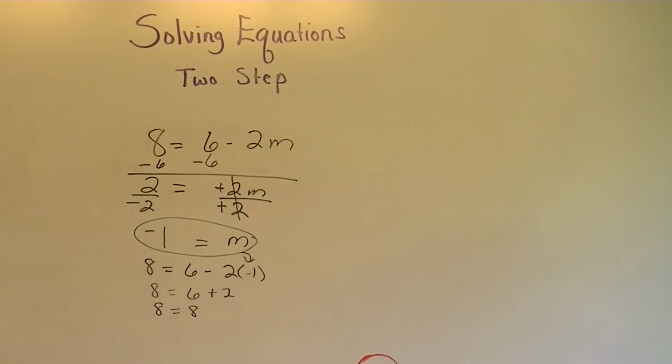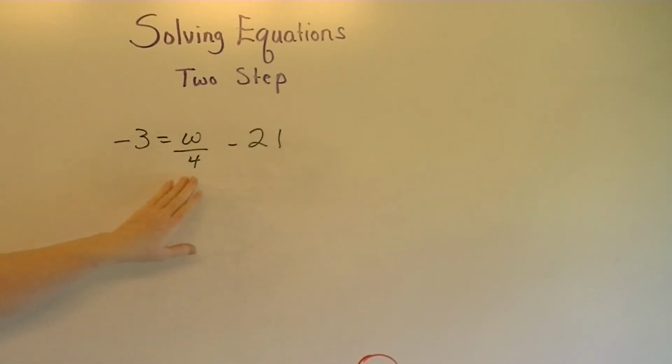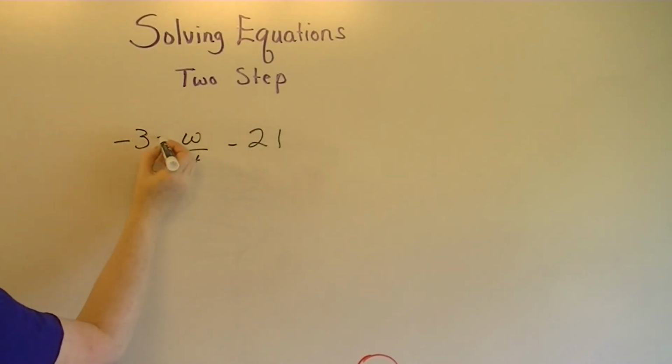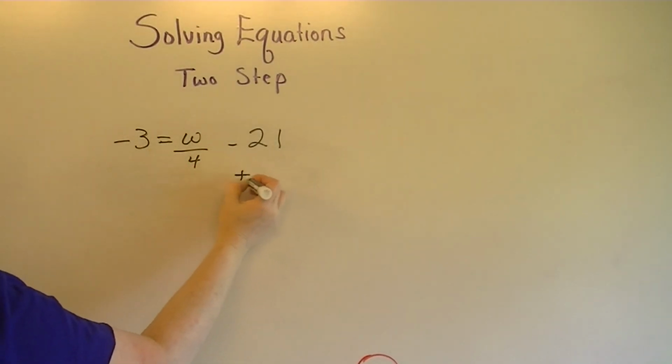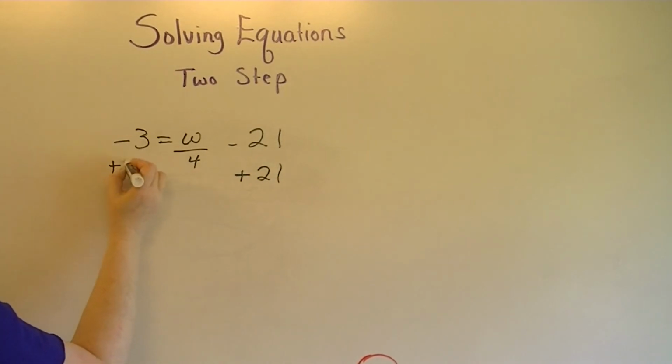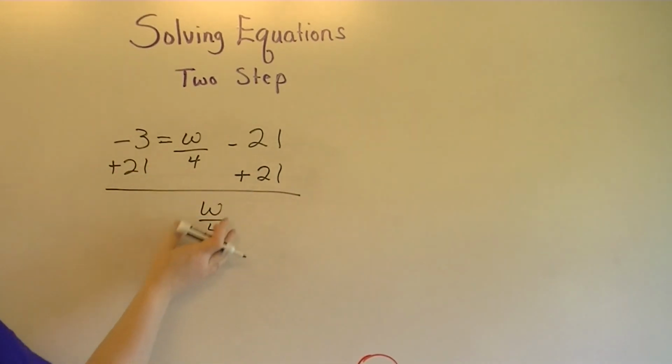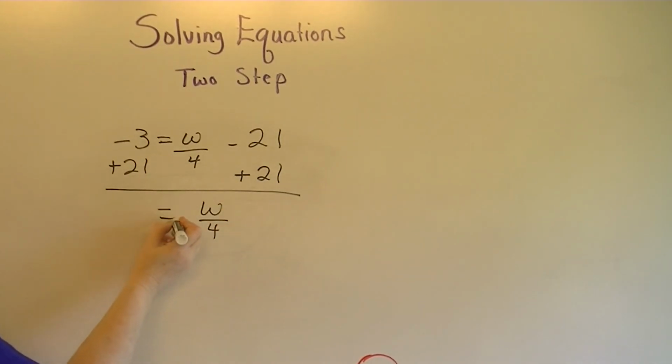Let's try one more. In this problem, we want to focus in on the variable on the right side. It's not the only term. There's also a -21. I want to isolate this term right here, and so I'm going to take the opposite, and I'm going to drop down my term with the variable, line up my equals.